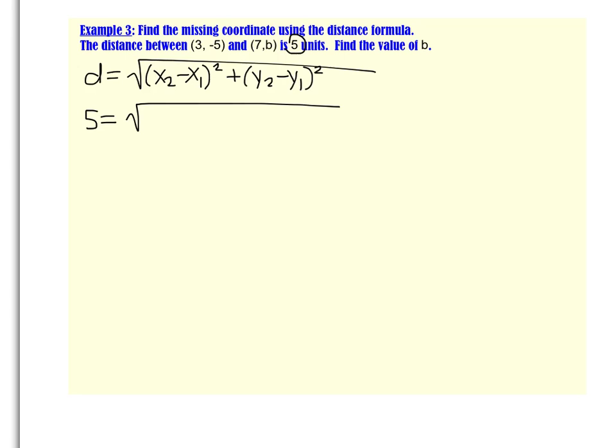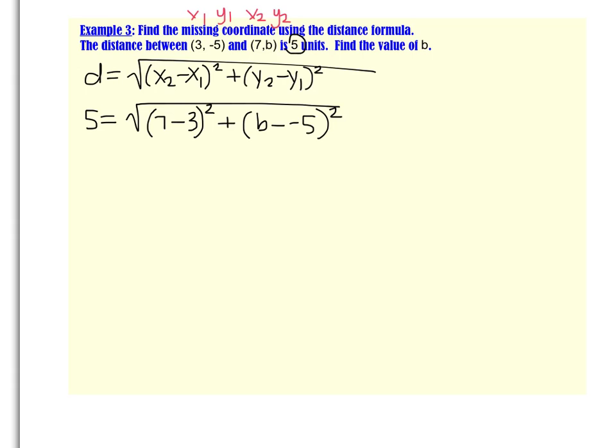Labeling these points again, so we'll call 3, -5 x1, y1, and then x2 for 7 and y2 for b. So we have x2, which is 7, minus x1 is 3, plus y2 is b, minus y1 is -5, and we square it.